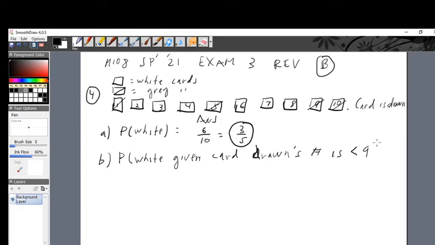That is the question. What's the probability that the card is white, given that the card drawn's number is less than 9.